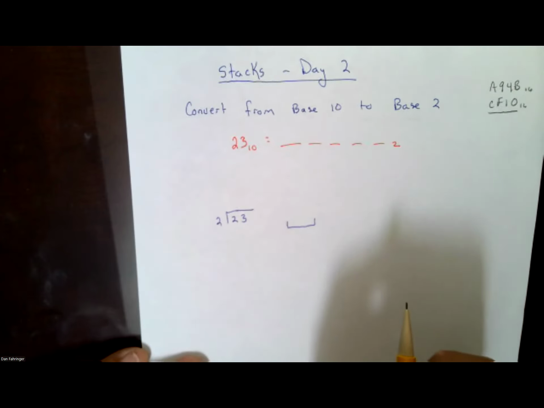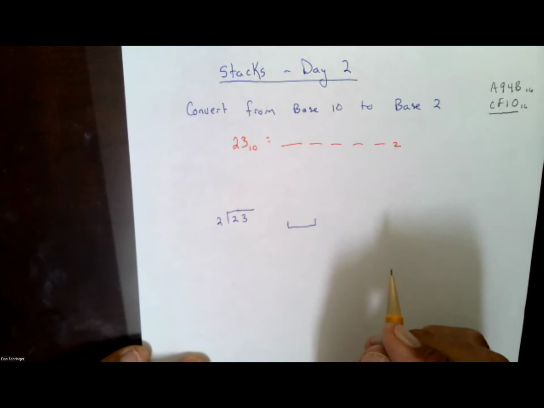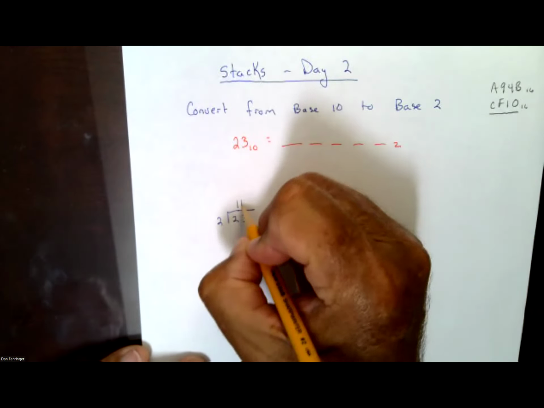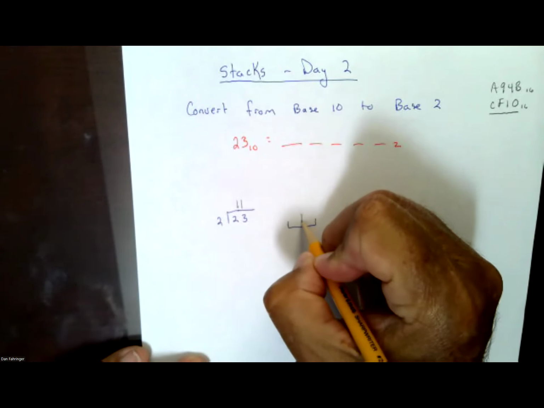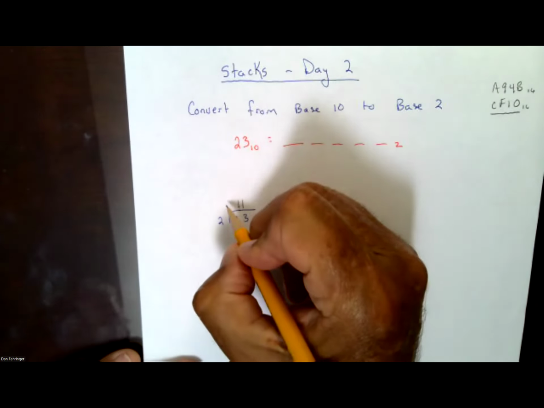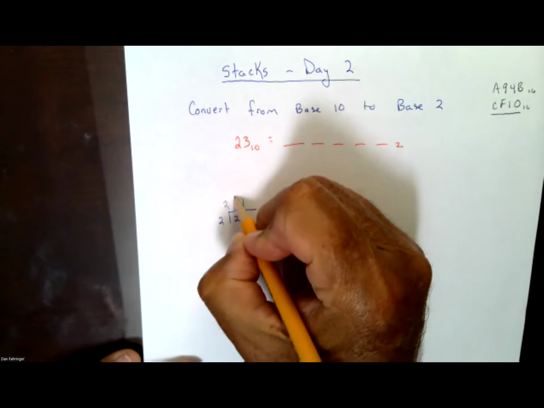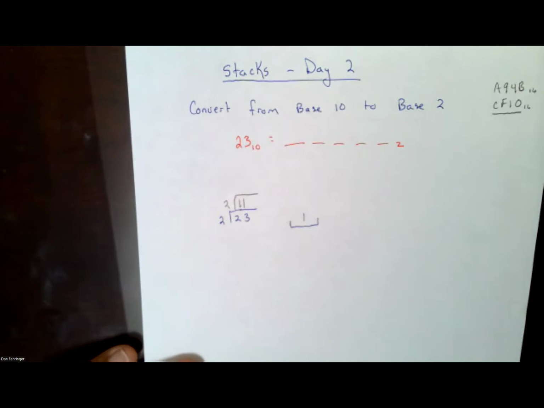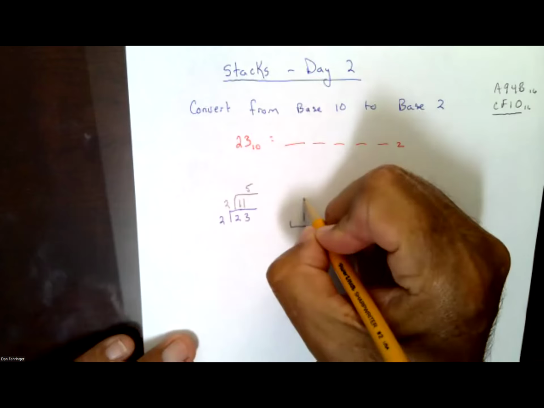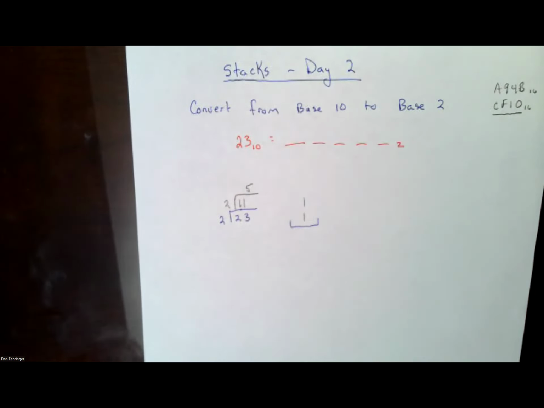2 goes into 23 how many times? 11, remainder 1. I'm going to write it over there. 2 goes into 11 how many times? 5, with again a remainder of 1. And look what I'm doing.